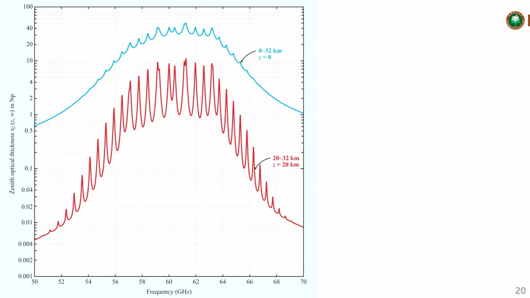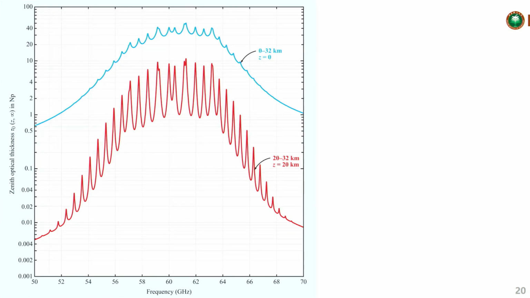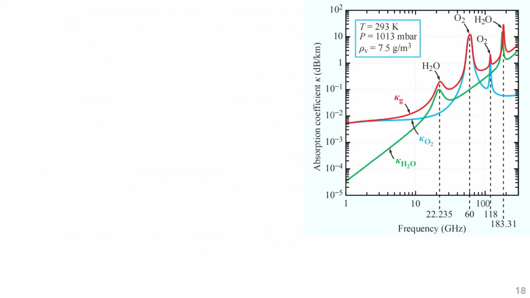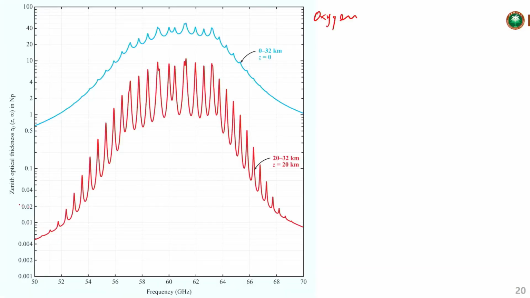This is for the oxygen. When we zoom in for oxygen, from this point, we zoom in and we can see there are many absorption lines.